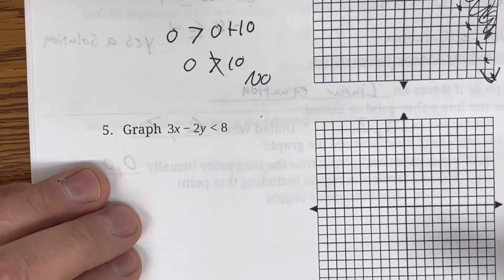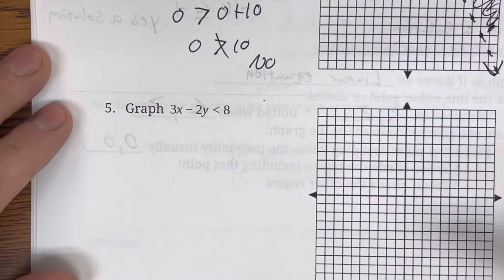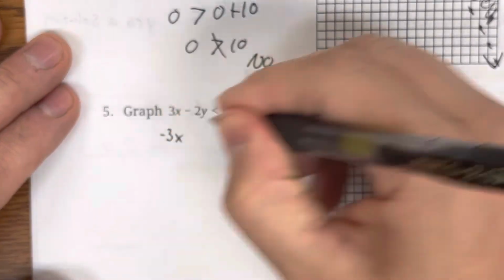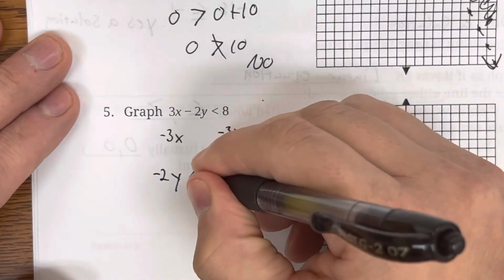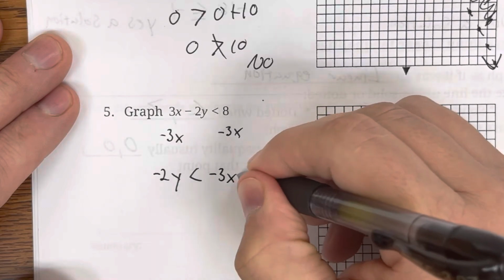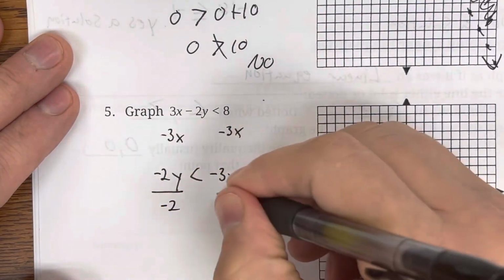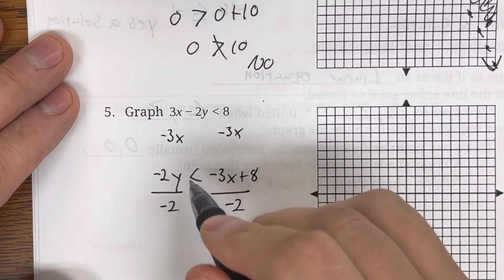All right, now the next one. You do have the option here of using the intercepts, but I'm going to use slope-intercept form. I'm going to isolate y. So I'm going to subtract 3x from both sides. And I got negative 2y is less than negative 3x plus 8. From here, we have to divide both sides by negative 2. And keep in mind with inequalities, if I divide by a negative, I have to flip the sign.